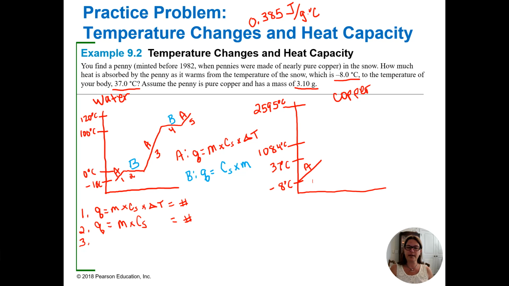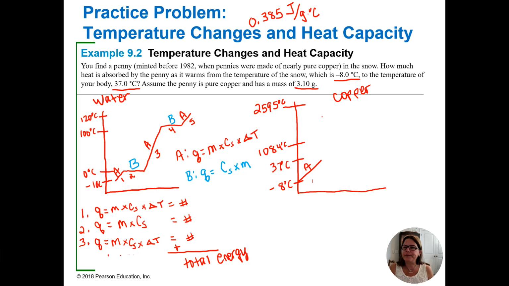For step 3, same, go back to equation A. And that's going to give us some number, et cetera. We're going to do that all the way through the 5 steps. In the end, we're going to add them all together to get a total energy needed. Now, in the copper example, we don't have to do all of these because we only have the one step. There's only a heating up.